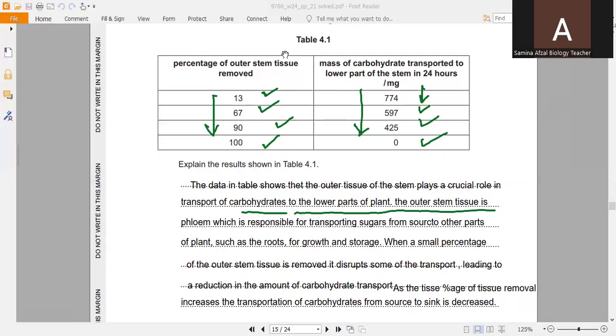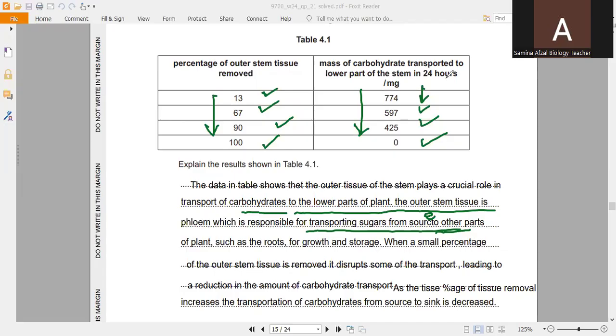So, in this case, the water is also needed for this purpose, because water is needed to dilute the assimilates when they have to move towards the other parts. So phloem is responsible for transporting sugars from source to other parts of plants, such as the roots for growth and storage. So when a percentage of the outer stem tissue is removed, it disrupts some of the transport.